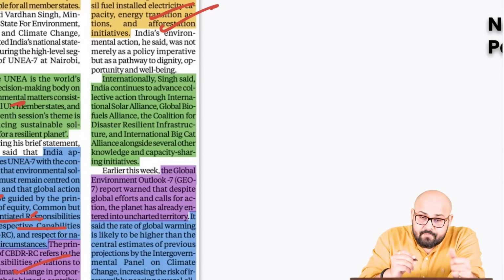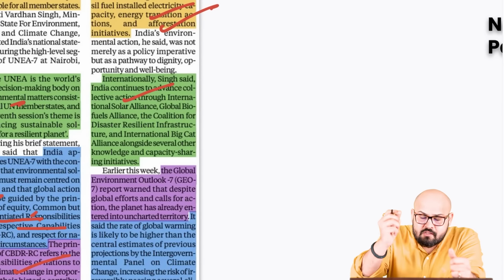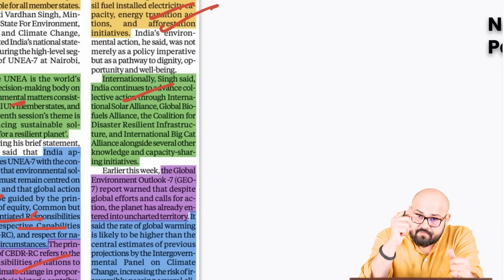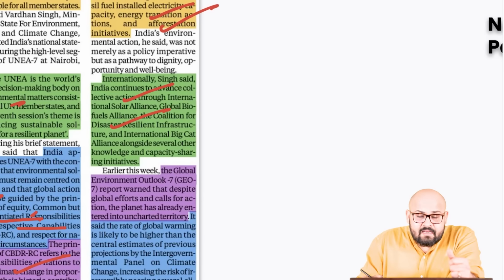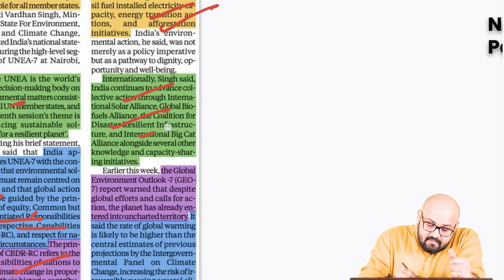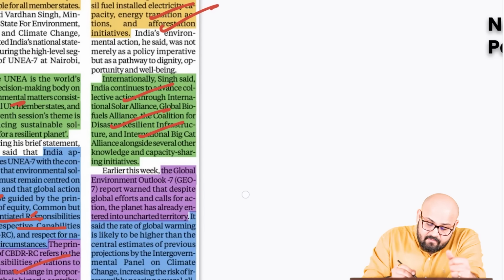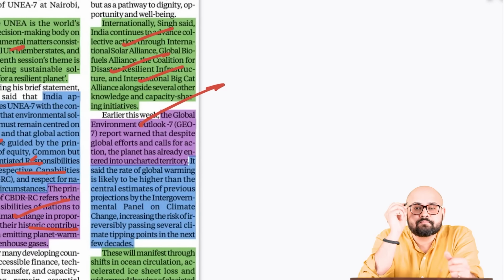Internationally, the minister said, India continues to advance collective action through the International Solar Alliance. Very important. Tell me the headquarters, where they are situated, of the ISA. The Global Biofuels Alliance, we'll talk about it. The Coalition for Disaster Resilient Infrastructure, CDRI, and the International Big Cat Alliance, India's initiative, alongside several other knowledge and capacity sharing initiatives.